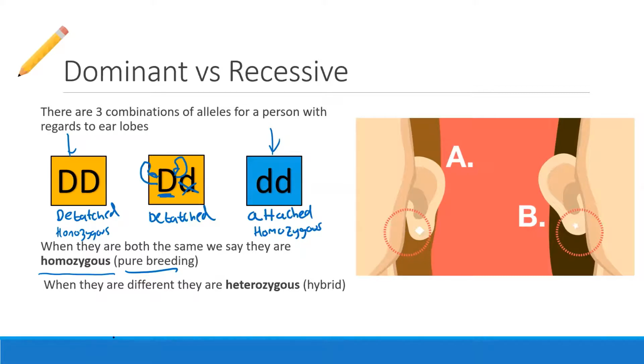I think that's because they can only give one type of DNA. Like to their children, they can either give the capital D or the capital D. They can't give any other type to their children. The other type is called heterozygous. And that's like a hybrid.